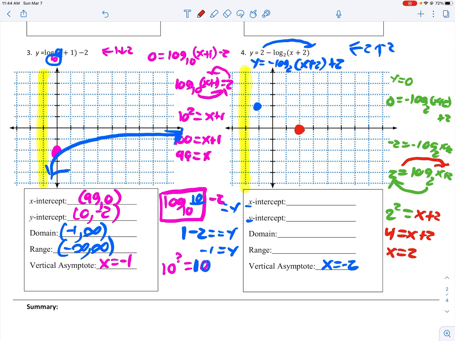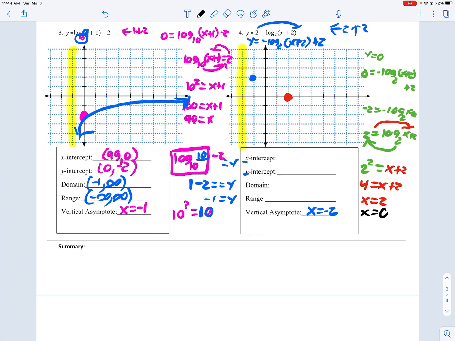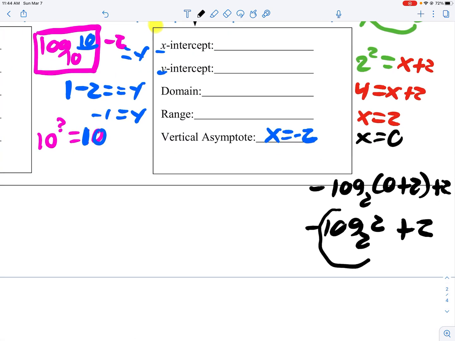Okay, so then the y-intercept would be next. So we're going to let x equal 0. So we have negative log base 2 of 0 plus 2. So negative log base 2 of 2. Now, again, this is an actual mathematical operation.